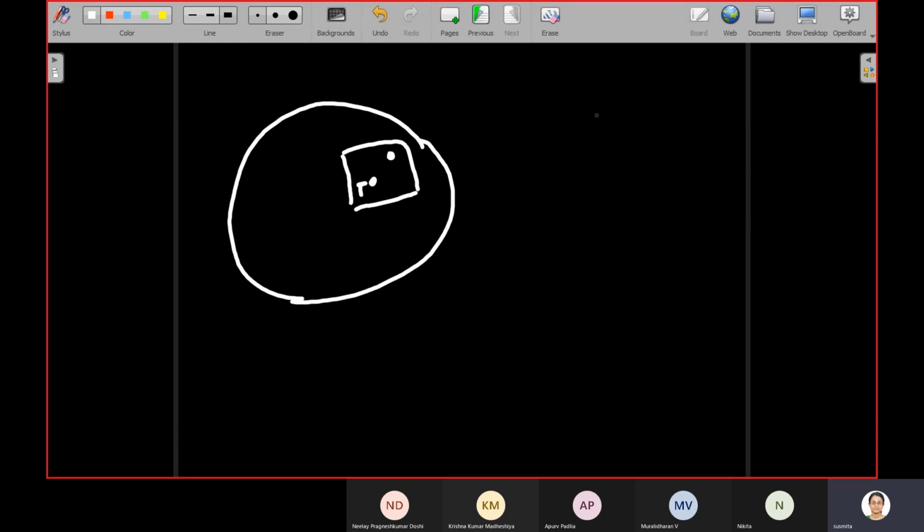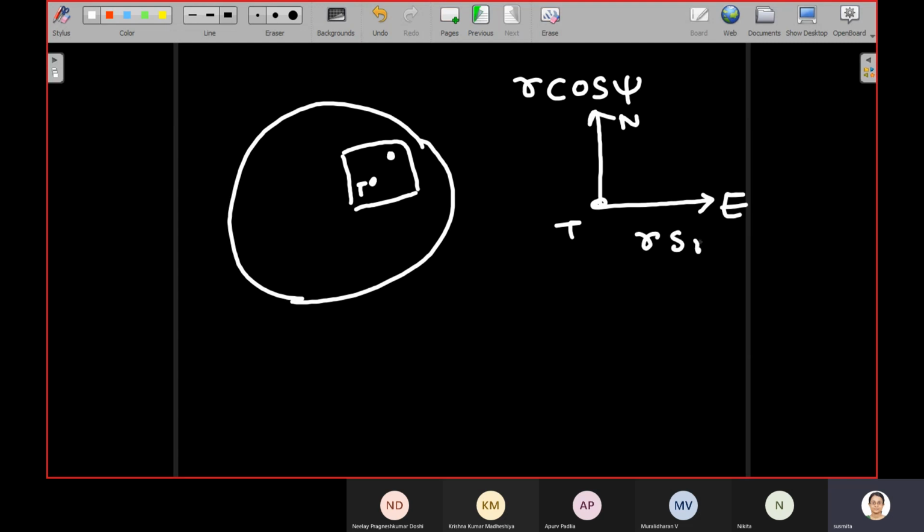Okay. So along the north direction, we know we already did this. It is R cos psi. This is along north from the transmitter, and then along east we have R sin psi.